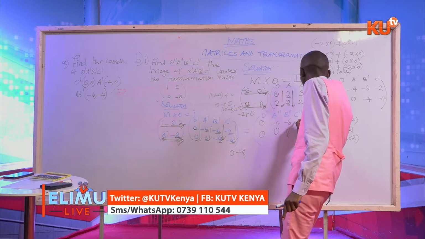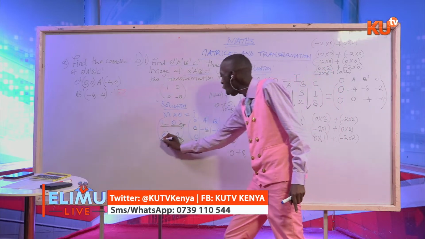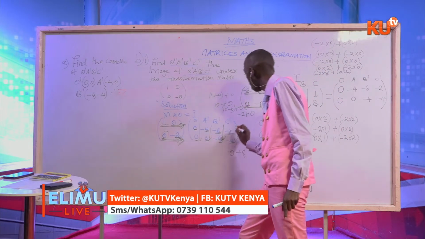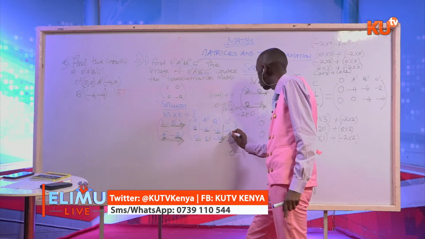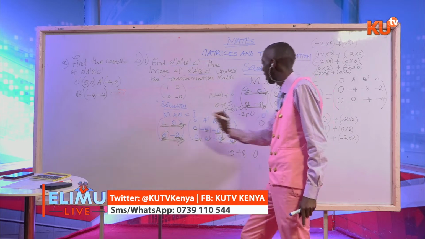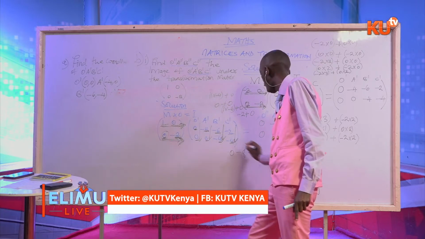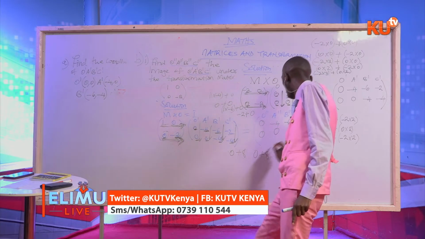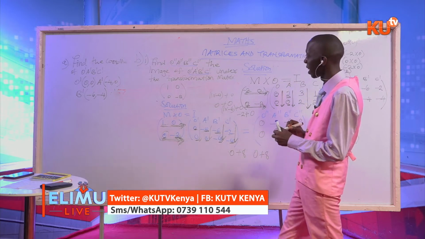That gives us negative 2. Second row, fourth column. 0 times negative 2 is 0 plus negative 2 times negative 4 is 8. So our answer there is positive 8.